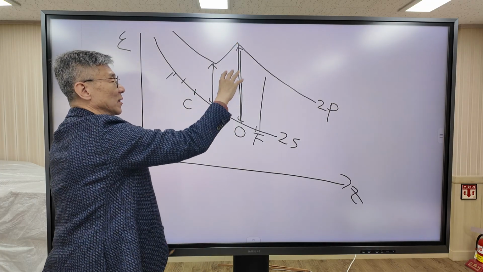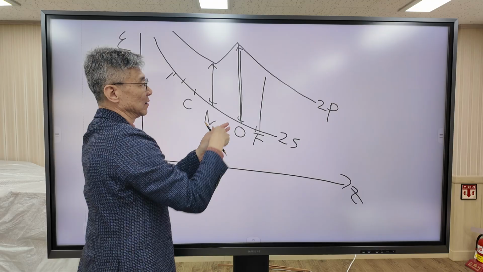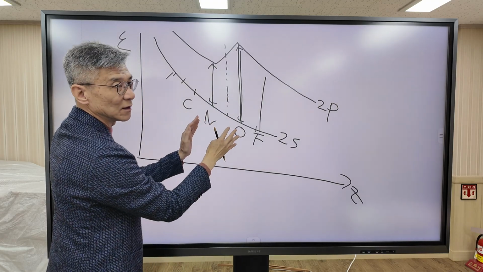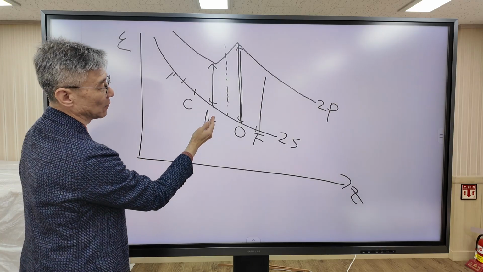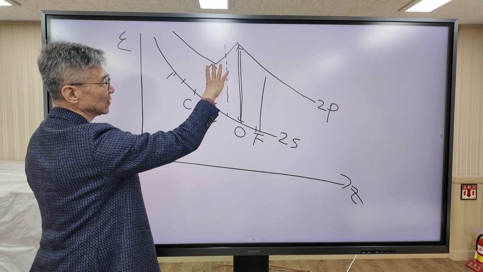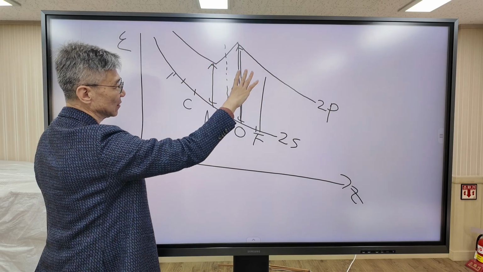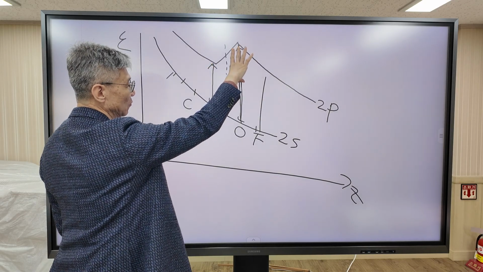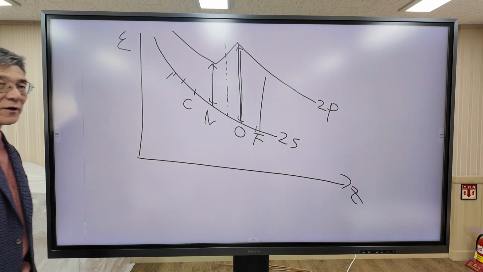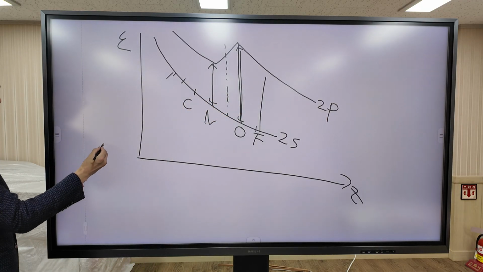This is narrow. This is widened. This is the boundary between nitrogen and oxygen. For nitrogen, the energy gap between 2p and 2s is narrow, but for oxygen, the energy gap between 2p and 2s is widened. This fact plays a very, very important role in chapter 6.